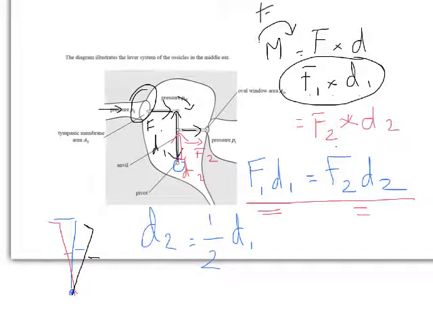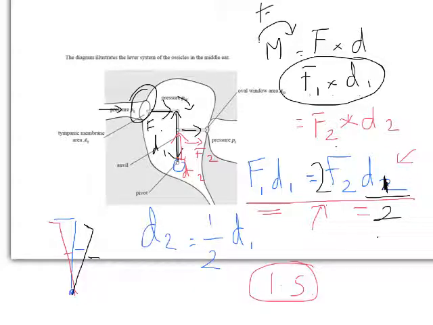So if you think about matching this up, if we make D2 half, and change that to D1, in order to compensate for that, we must add a 2 here. So decreasing that distance in the lever by a half magnifies the force. It doubles it. In reality, what happens is it's magnified by 1.5.